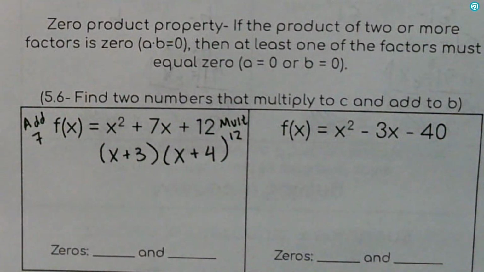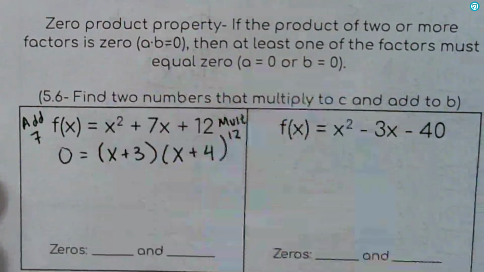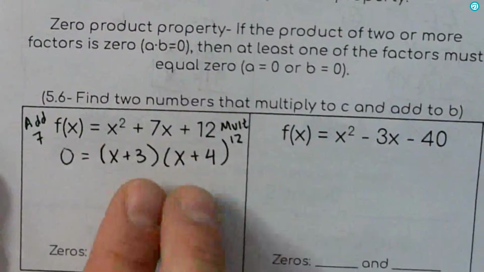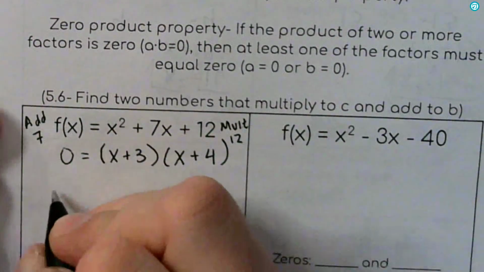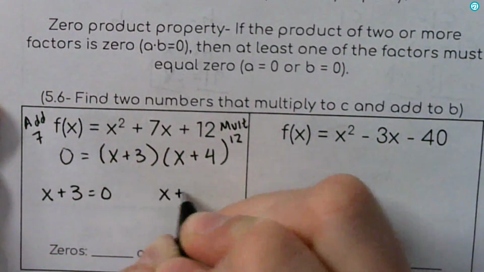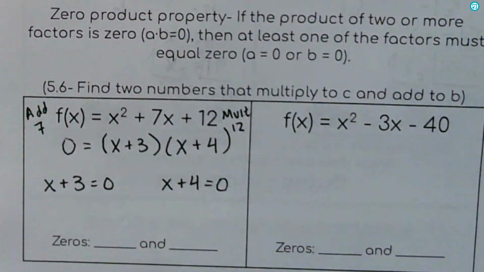From there, we now have to use that zero product property. So if we want this to equal 0, either this has to equal 0 or this has to equal 0. So we're going to split these up into two little baby equations. They're going to be x plus 3 equals 0 and x plus 4 equals 0. And we will solve both of those one-step equations.